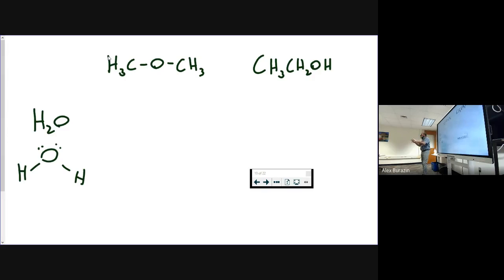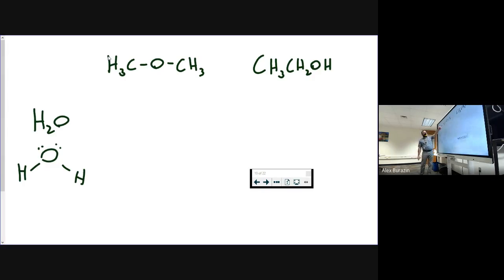Now, it's a little sneaky, right? Because it looks like if the whole thing was linear, it would be symmetrical, right? That side's got a CH3, that side's got a CH3, but it's bent, right? That oxygen makes it bent, much like the water is bent, okay? So really, you would replace this with a CH3 and that with a CH3, and it's the same sort of structure. So it is polar.